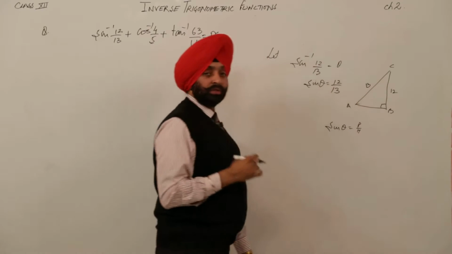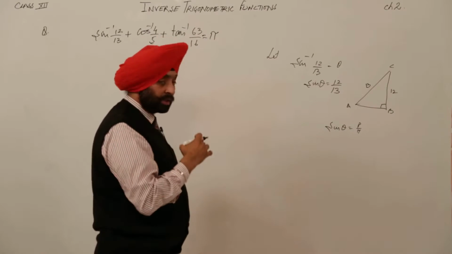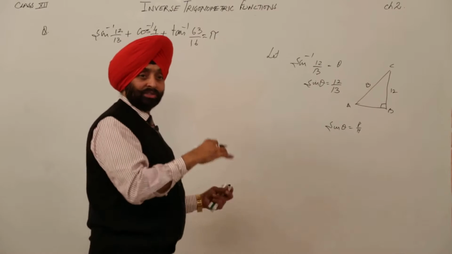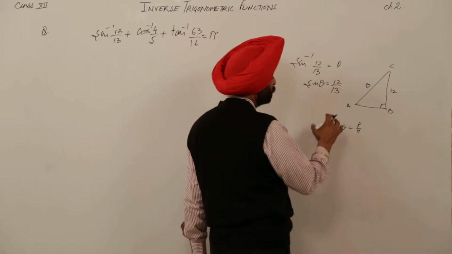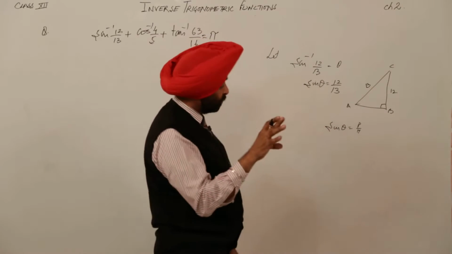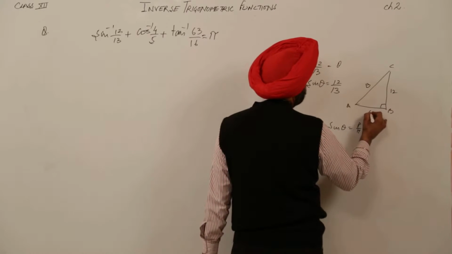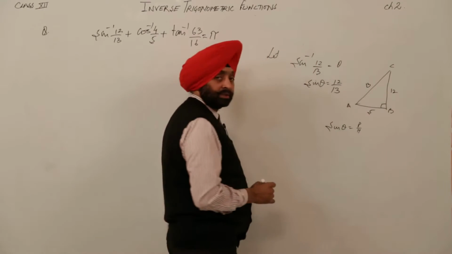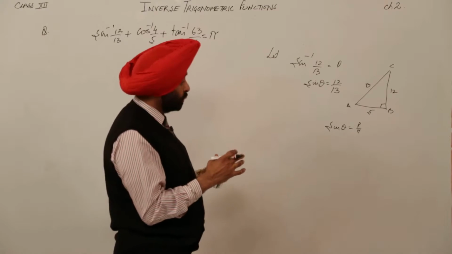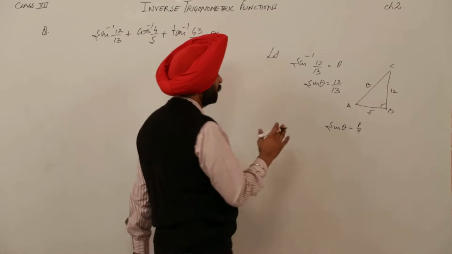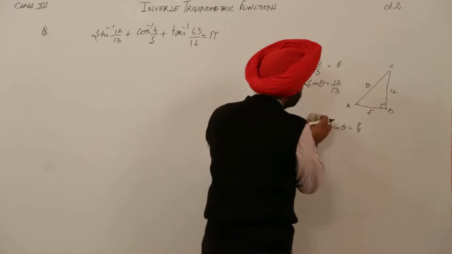One more thing, don't waste time showing the Pythagoras theorem calculation; you can directly write it, and no marks will be deducted. So when this is 12 and this is 13, according to the Pythagoras theorem, this is 5. If there is some bigger calculation, you can do it on the rough side.